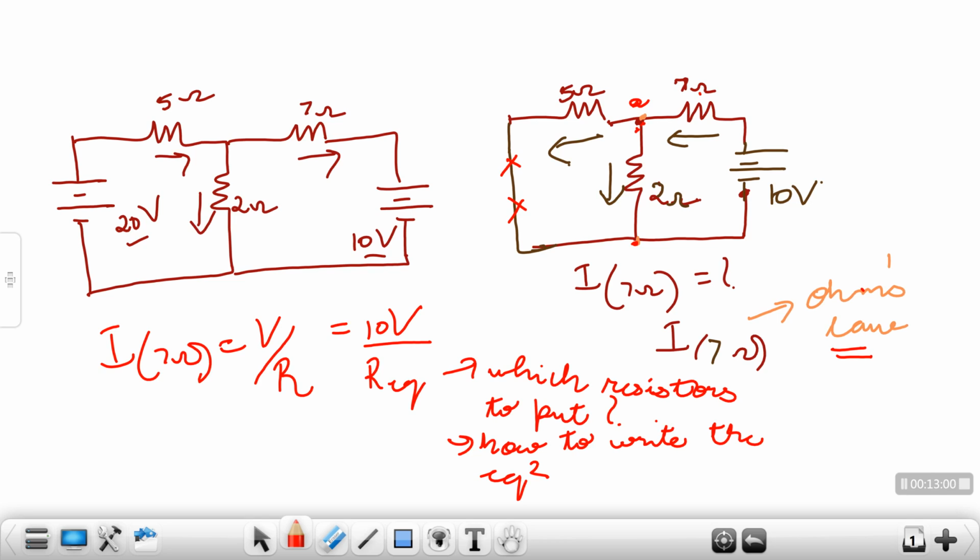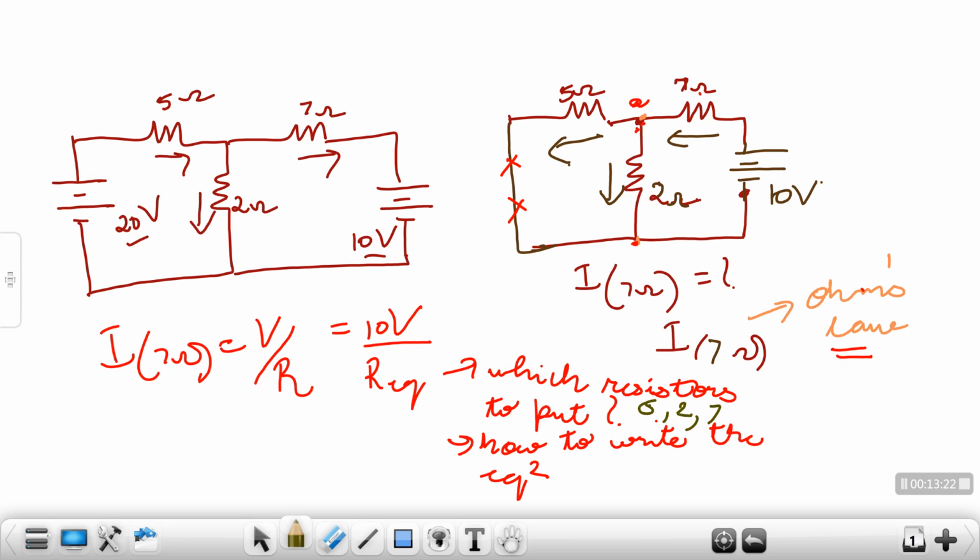Okay. So while writing the equation for R equivalent, I have to consider 5 and 2 also along with 7. That is, my first part is getting cleared. I have to consider 5 and 2 along with 7.